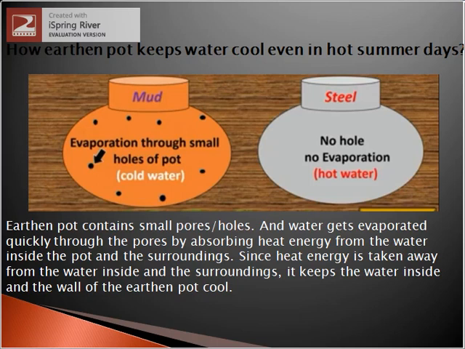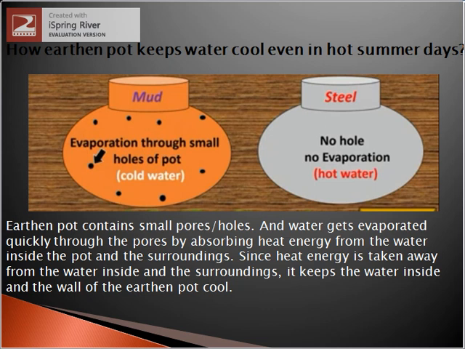During hot summer days, we used to keep water in our earthen pots. How does this earthen pot keep water cool even in hot summer days? Earthen pot contains small pores or holes, and water gets evaporated quickly through the pores by absorbing heat energy from the water inside the pot and also from the surroundings.